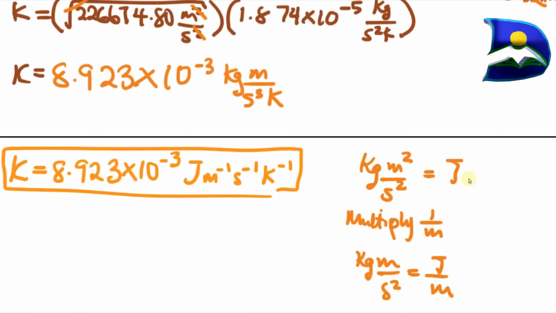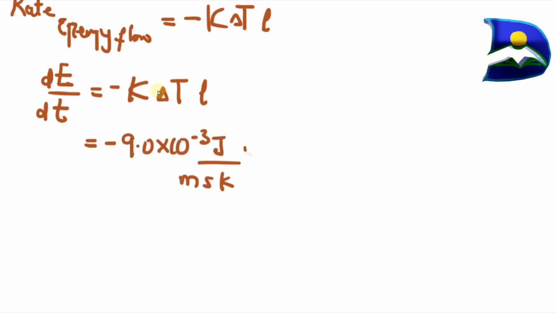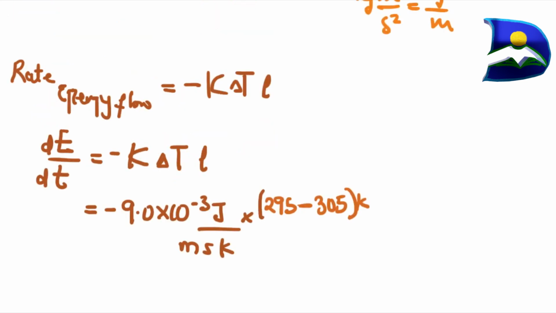So therefore, we have our resulting expression. Our thermal conductivity is approximately multiplied by our change in temperature, which means our initial temperature is subtracted from the final temperature. We have the other part which we're going to multiply, which is the length, in this case 15 times 10 to the negative 2 meters.